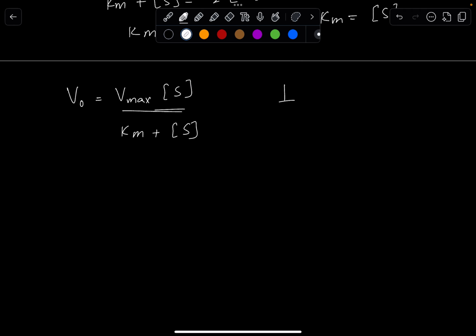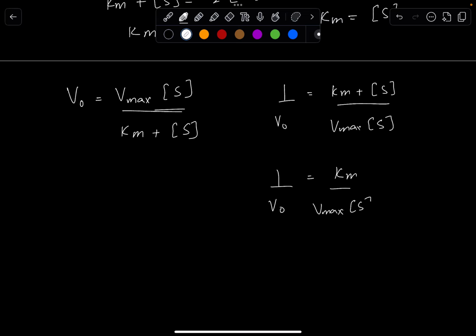So 1 over V naught equals Km plus S. I've taken the reciprocal, over Vmax S. Now this I can write as 1 over V naught equals Km over Vmax S plus 1 over Vmax.